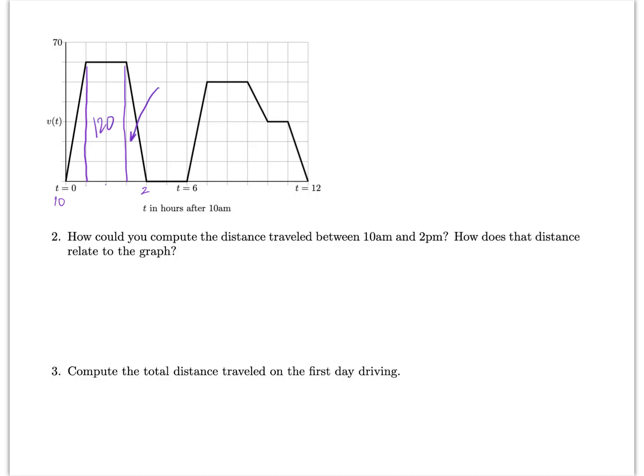And then this little triangle here, it's got a base of 1 and a height of 60. So we've already got the 120. And then my triangle is 1/2 times base times height. And then I have a second triangle over here that's also 1/2 times a base of 1 times a height of 60. And that comes out to 120 plus 30, which is 180 miles.